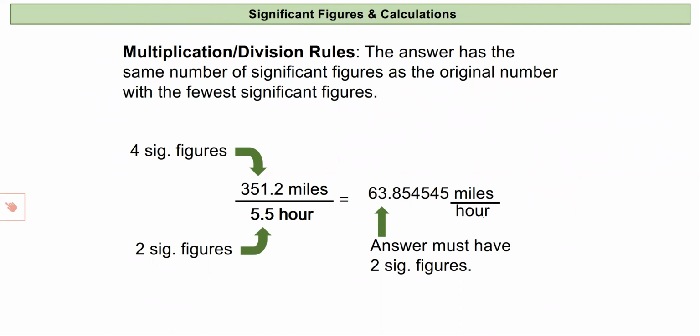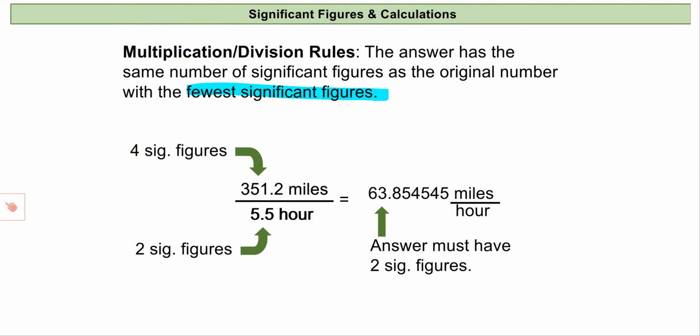So if we have 2 or more measured values, and we are going to multiply or divide them, we want to be able to still report the correct number of significant figures. For us, that means we're going to report the least number of significant figures, because that will accurately communicate our greatest amount of uncertainty. We don't want to over-represent a number and say that we're more confident than we really are.